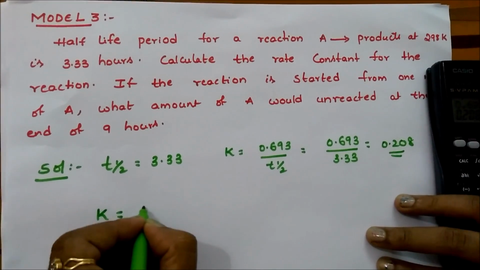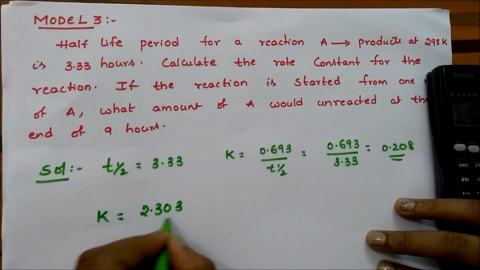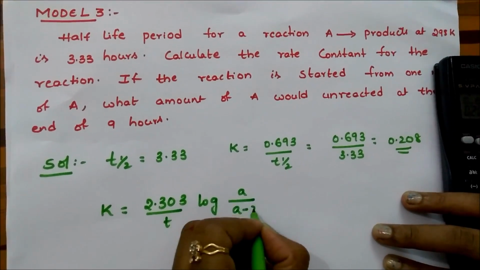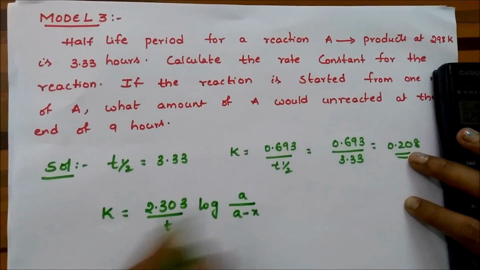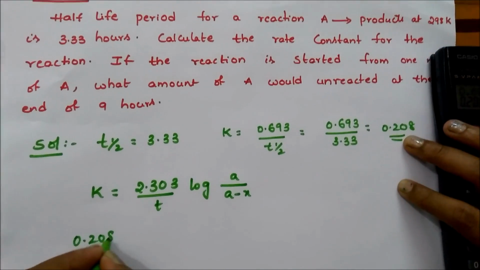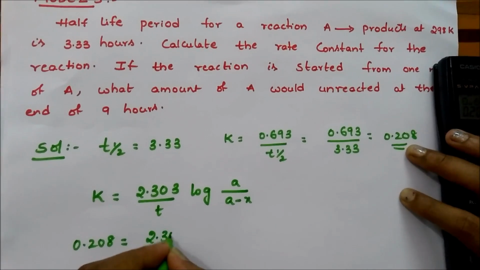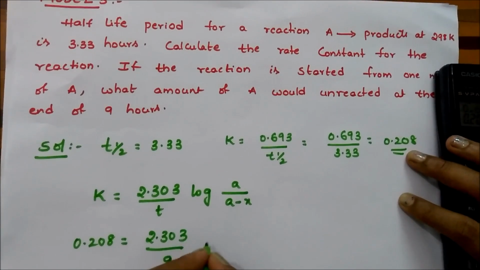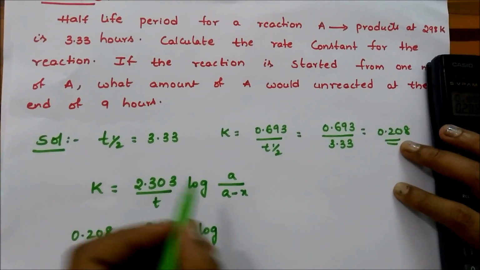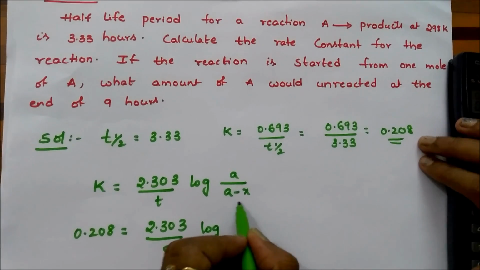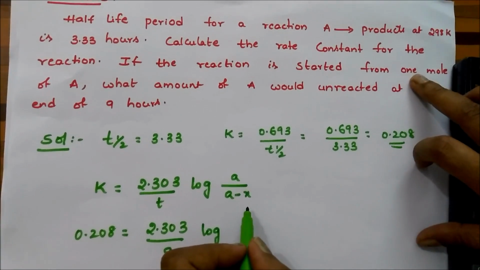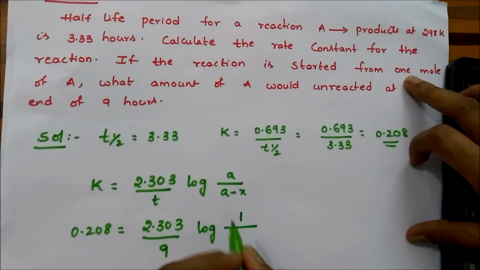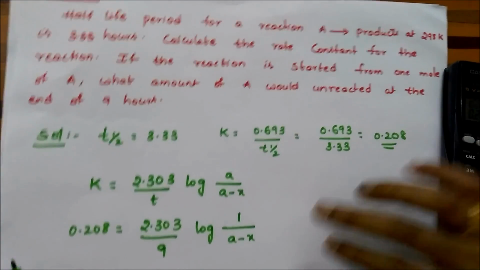And K is equal to 2.303 by T log of A by A minus X. What is K? 0.208, which is equal to 2.303 by T. Time is 9 hours, given in the question. 9 log of the amount of substance they are asking, unreacted, but initially 1 mole. The initial concentration of the reactant is 1 mole. We have to find A minus X.